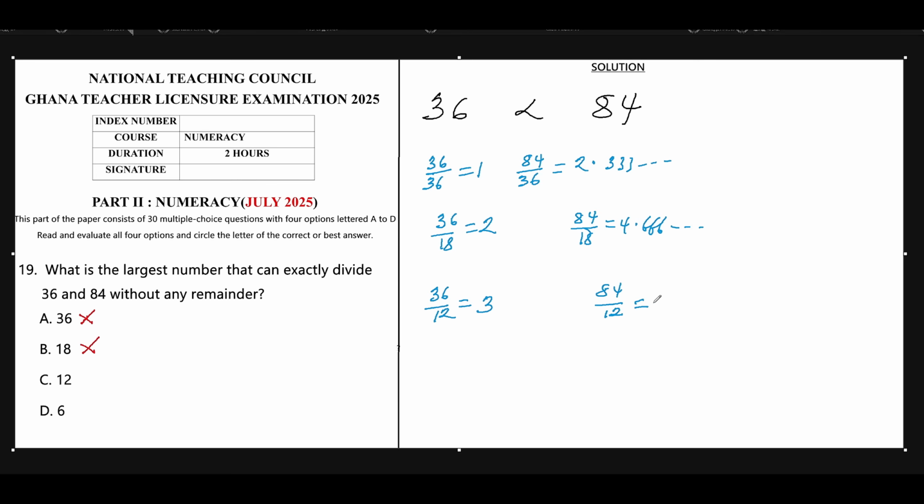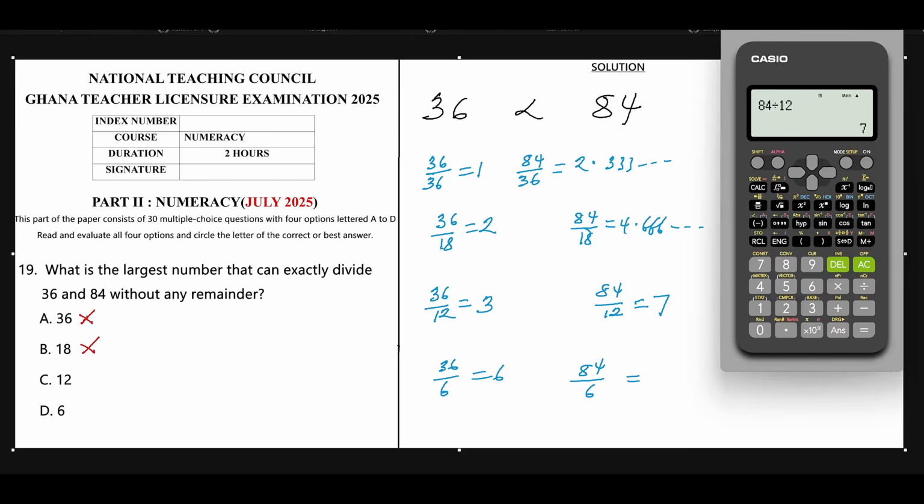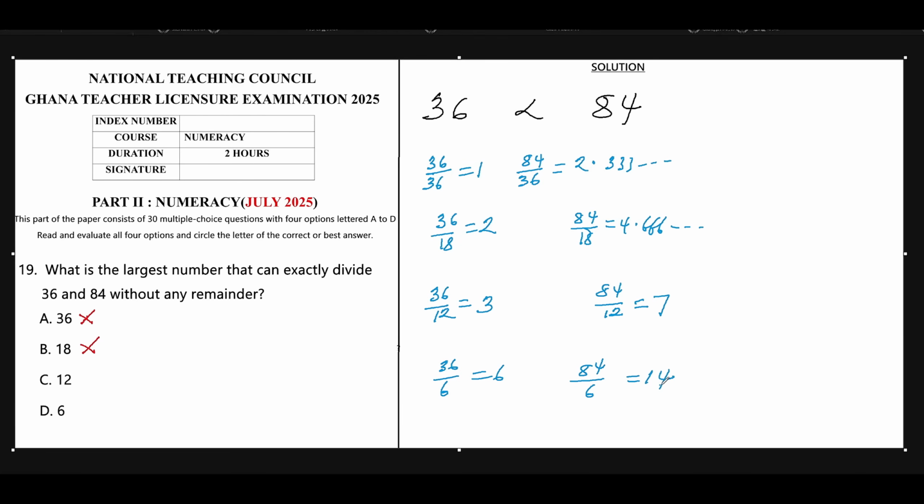Let's see the last one, option D, 6. We are going by 6. So 36 divided by 6 is 6. And then 84 divided by 6 is also exact, 14.